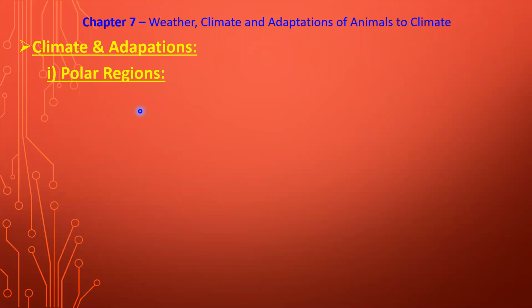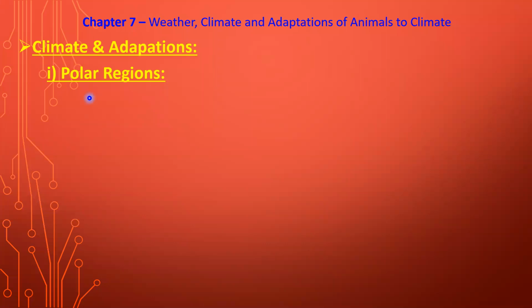And still some animals are living in these polar regions, and we are considering how they are adapted to such an extreme cold climate. The first animal we have already seen, the polar bear, which is adapted to live in such a region.